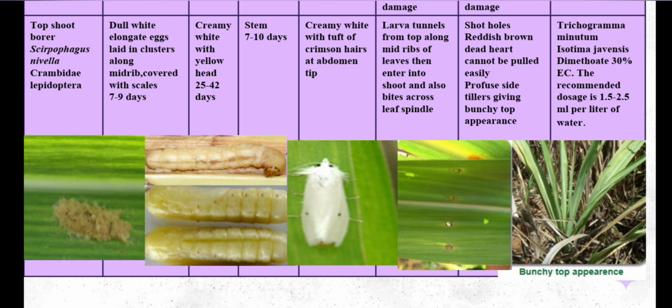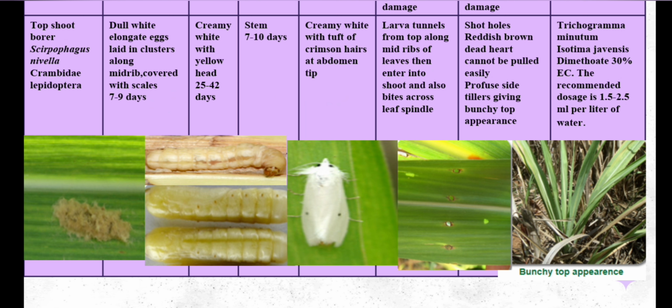Coming to the adult, here you can see the adult is creamy white in color with tuft of crimson hairs at the abdomen tip. You are seeing a spot on the wing. In case of males there will be a spot, and in case of females there will be no spot.